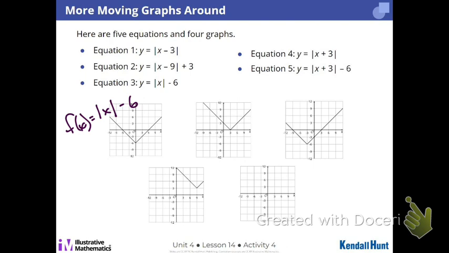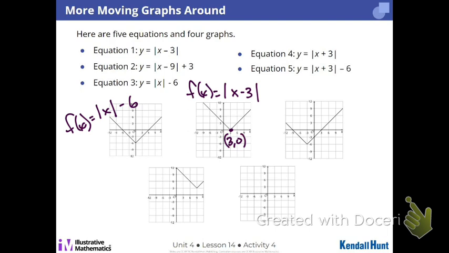All right. The second one over here, I see that it went right 3. So I need a minus 3 inside my absolute value. Now this is the most common wrong. People will put plus 3. Here's all you have to do. Do we all understand that vertex is (3, 0)? Okay. That means input 3 gives me output 0.